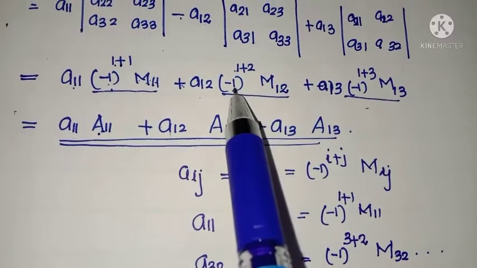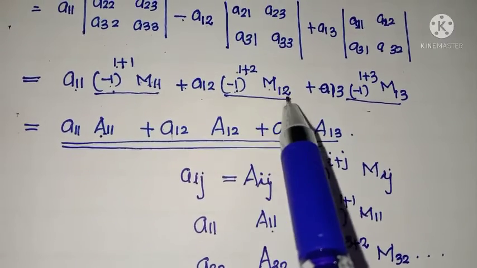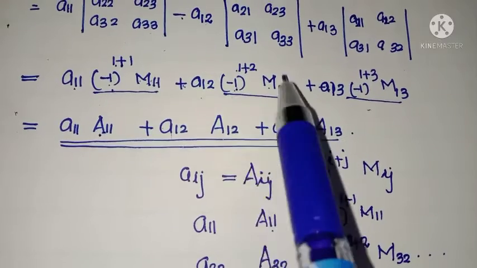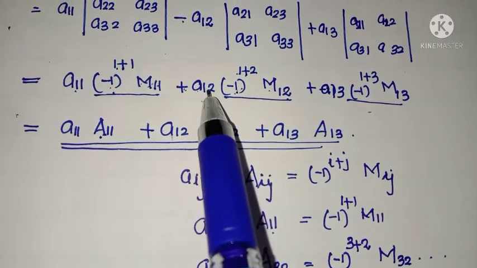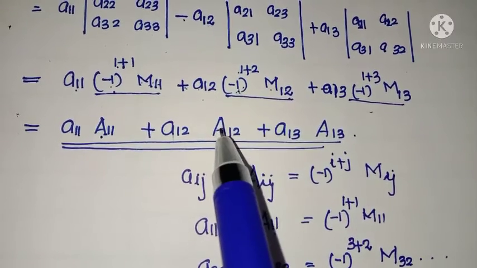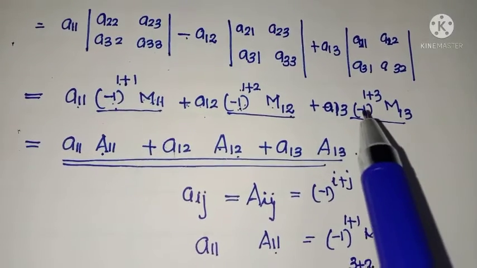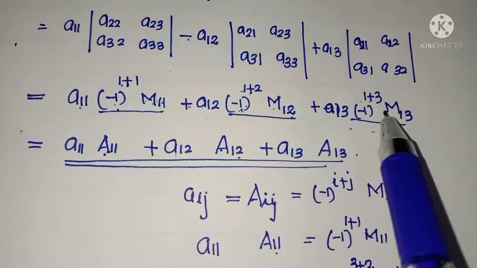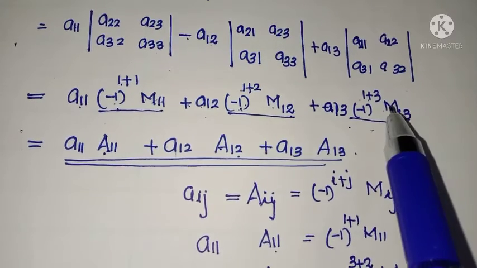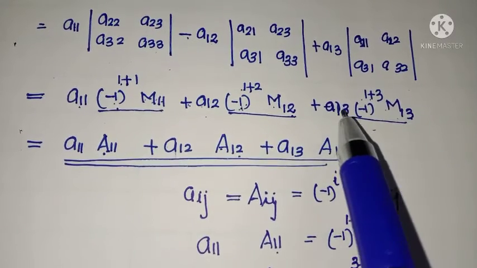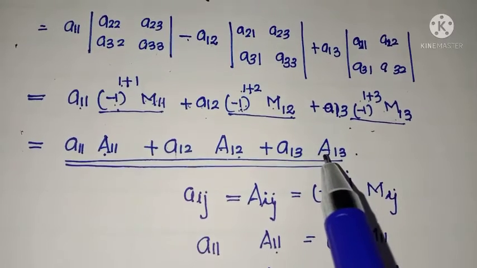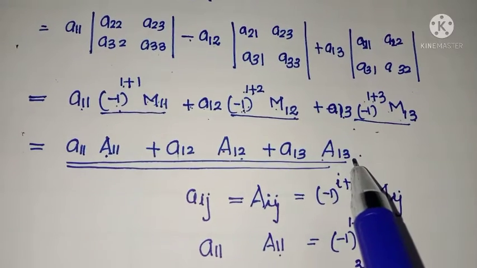Here, minus 1 raised to 1 plus 2 M12 is the cofactor of the element A12 and it is denoted by capital A12. Similarly, minus 1 raised to 1 plus 3 M13 is the cofactor of the element A13 and it is denoted by capital A13.